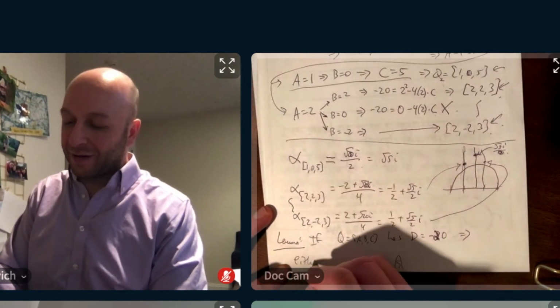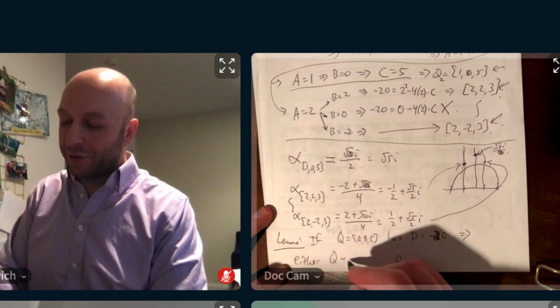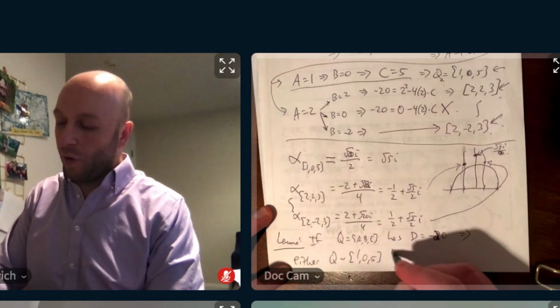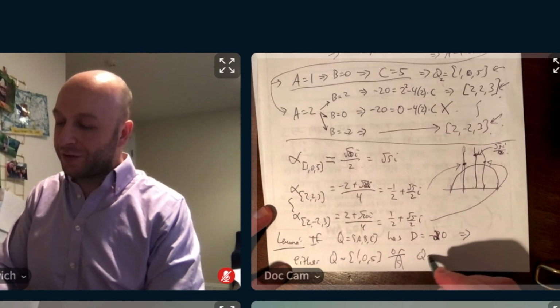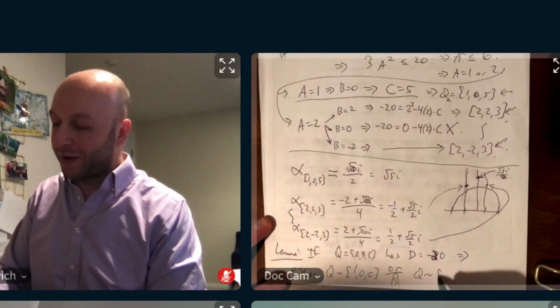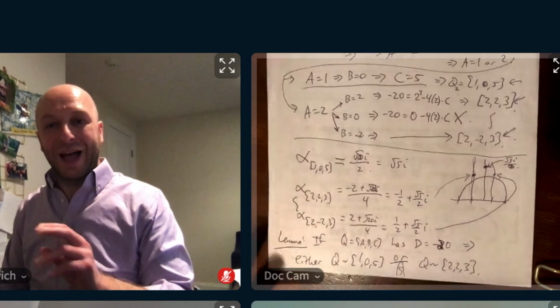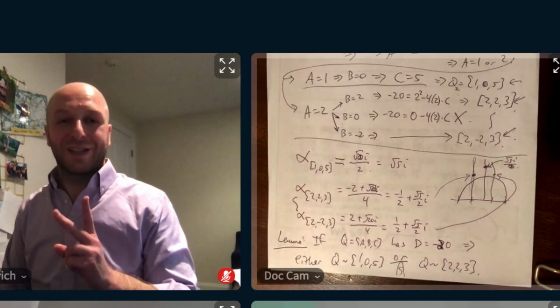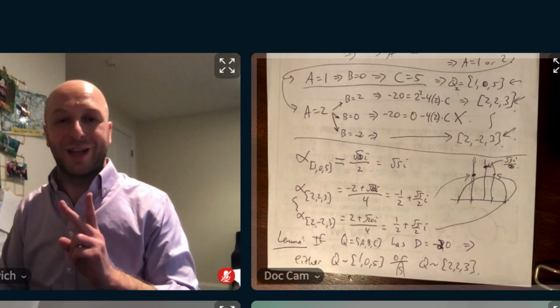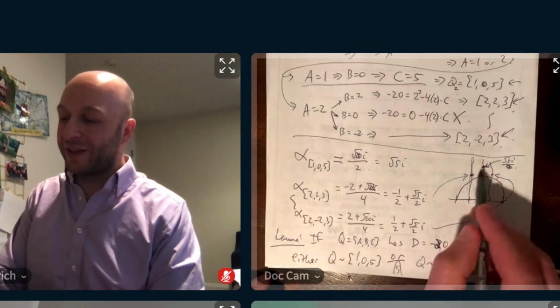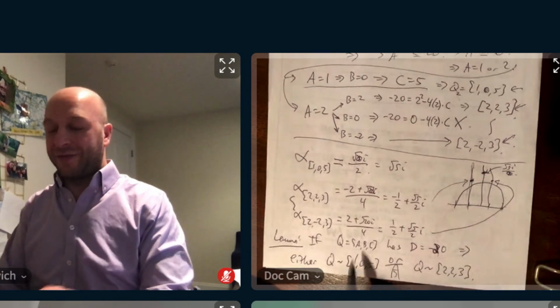Either Q is equivalent to 105, or Q is equivalent to whichever one of these you want to pick. But the class number is now 2. There are two equivalence classes of quadratic forms of discriminant negative 20. And these are these two different points in the upper half plane that have this discriminant.